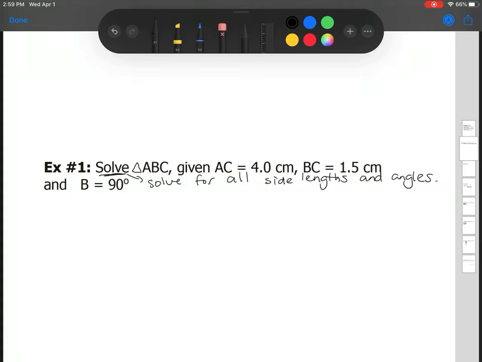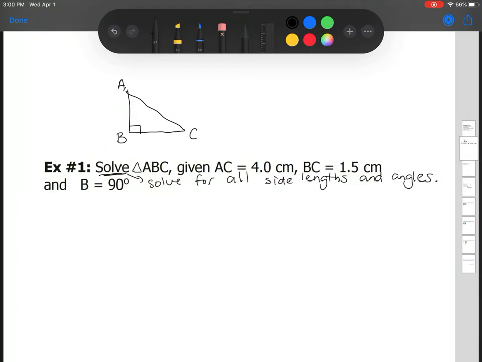Okay, so you can draw your triangle however you want. And again, I don't have a ruler on this, so do a better job than me. It does say that angle B is the 90, so that is important. And then you can choose to do whatever letters you want, or you could put A down in the bottom and C at the top. I've chosen to draw mine like this.